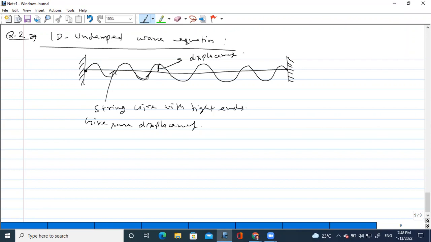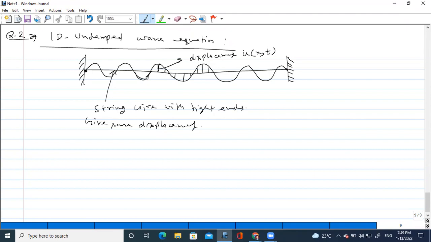And that displacement can be written in the form of two functions. One, it will depend upon distance. Second, it will depend upon time also. With time this is changing, because at the next time this displacement is less, at this time it is 0, at this time again it is negative, again higher, again negative, 0, again highest on the positive side, like this. So this displacement is changing.